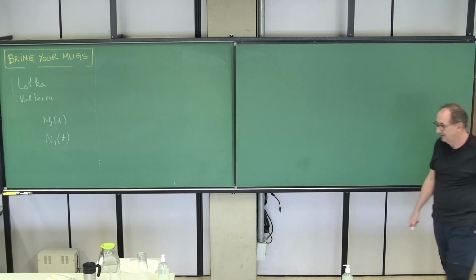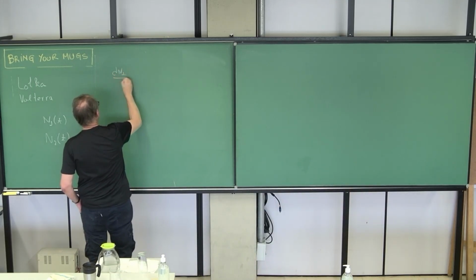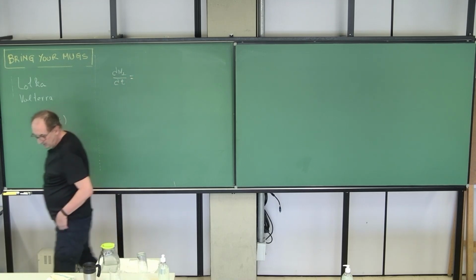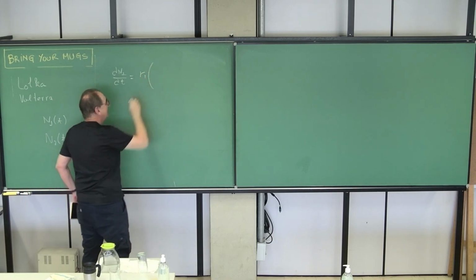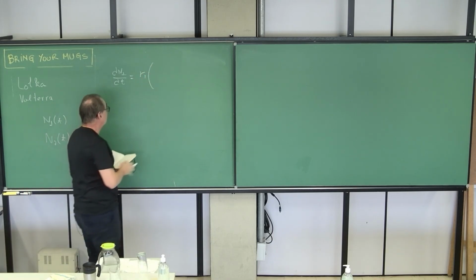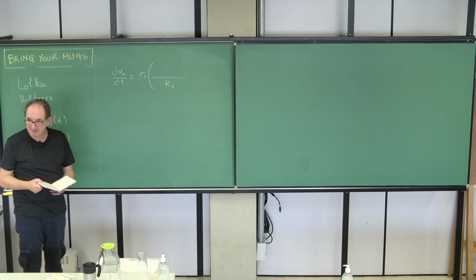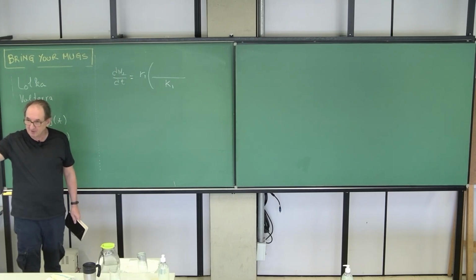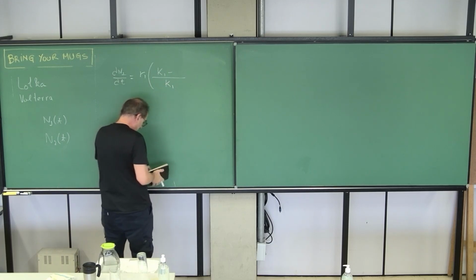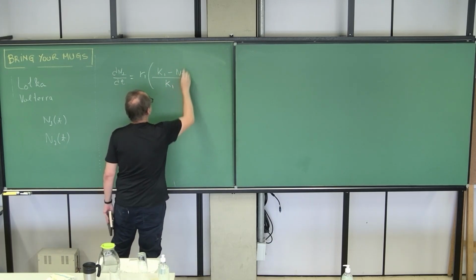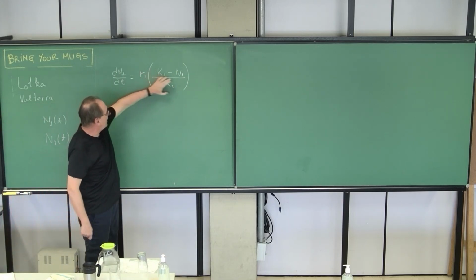So we would write dN1/dt equal to a certain R1, and I want to write this in this way, K1, which is the carrying capacity for the species in the absence of the other species, and I write K1 minus N1. So that's the logistic growth, because it divides here, that's 1 minus N1 over K1.